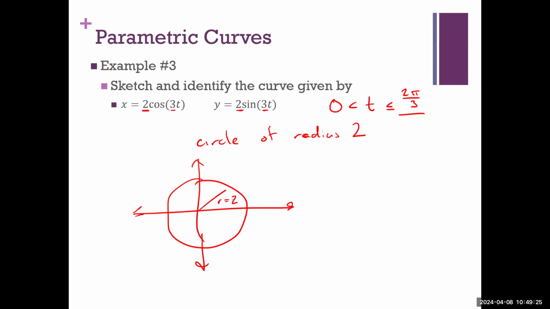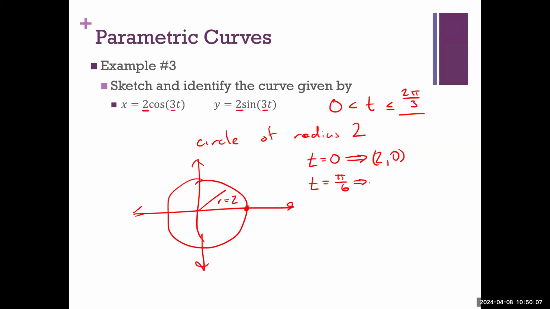But what direction am I drawing this? The last one was counterclockwise. Do we think this one's counterclockwise, or did it change direction? Let's think about this. If t equals 0, what point does that give me? 2, 0 this time, basically the maximum, the furthest point right. What about when t is equal to pi over 6?